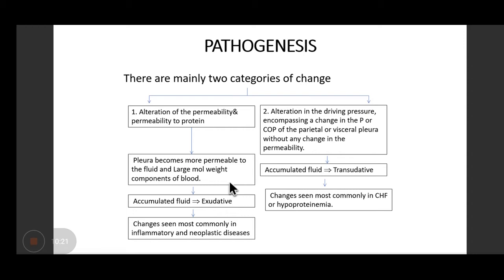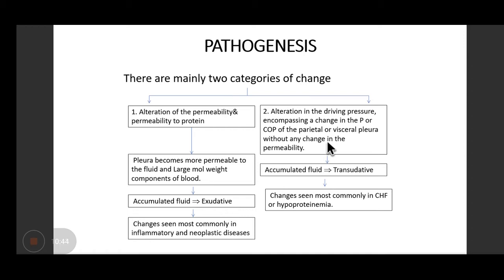So one is the alteration of permeability of the proteins, and the other is the alteration in the driving pressure, encompassing a change in the pressure or the COP of the parietal or visceral pleura. Now this pleura becomes more permeable to the fluid and large molecular weight components of the blood, which leads to the exudative type of pleural effusion.